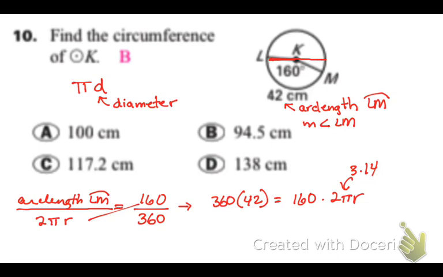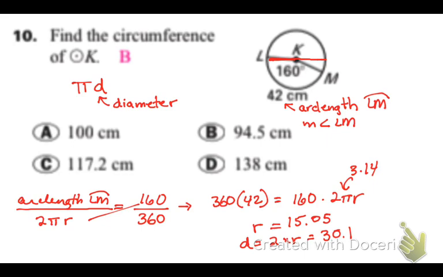So if we solve for r, I'm not going to go ahead and do the math, otherwise this will take forever. R is equal to 15.05. So the diameter is equal to 2 times r equals 30.1.